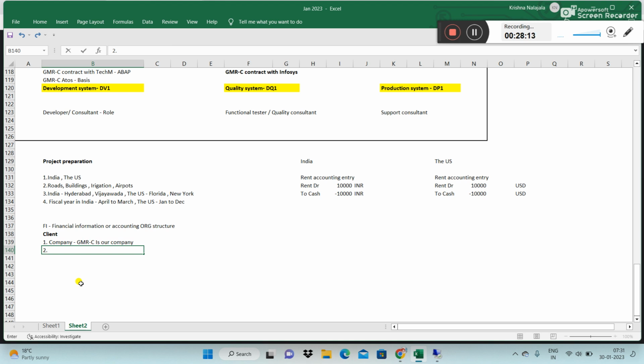Then we call them company codes. Company codes have one more name, that is nothing but legal entity. In this case, we have India and the US.